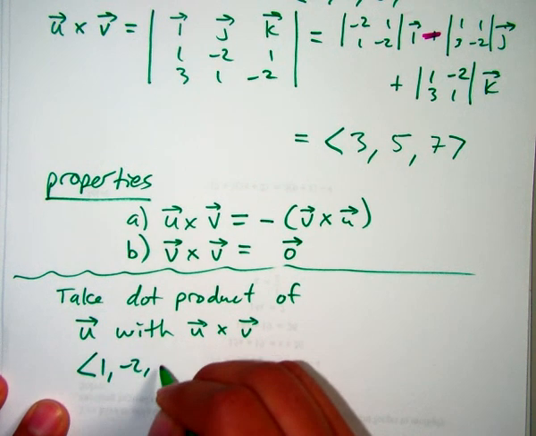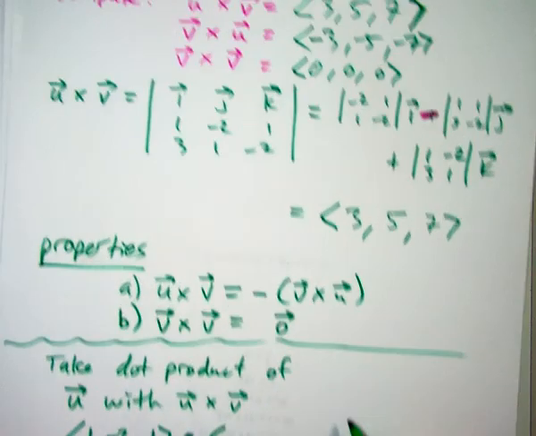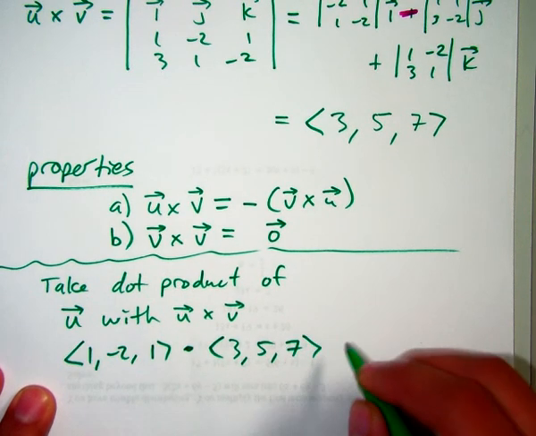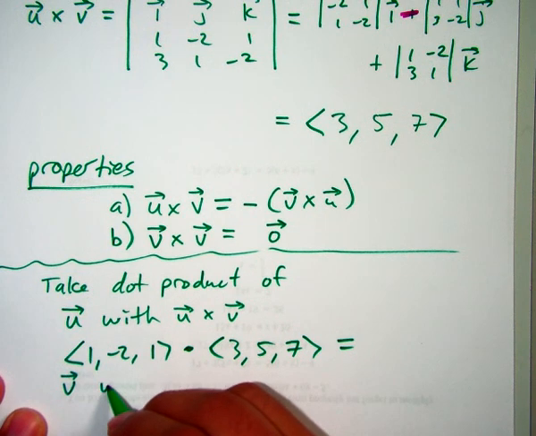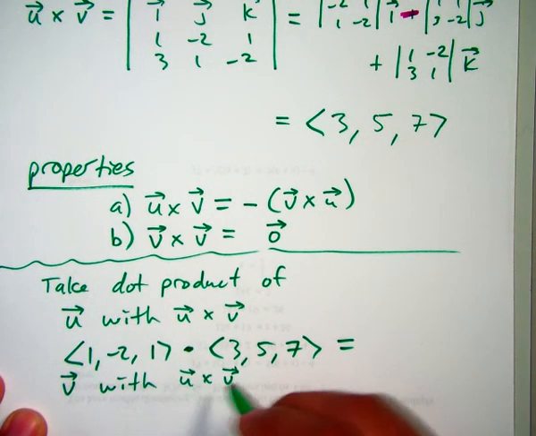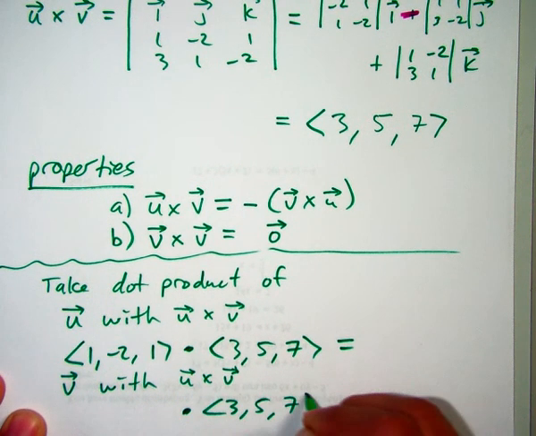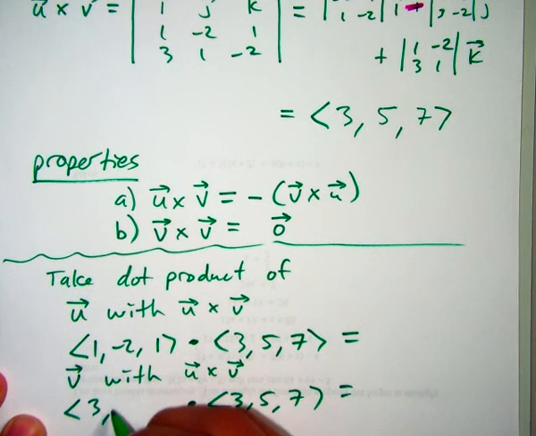I'm going to dot that with my answer for U cross V, which was 3, 5, 7. And why not? Let's do that also with the other vector, V with also U cross V. Take the dot product. What was V? 3, 1, 2. Okay.